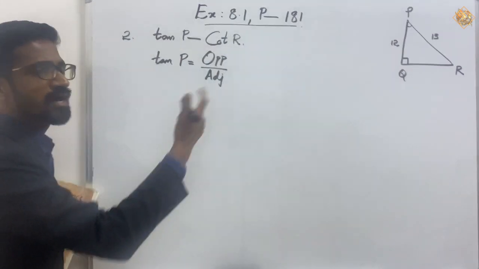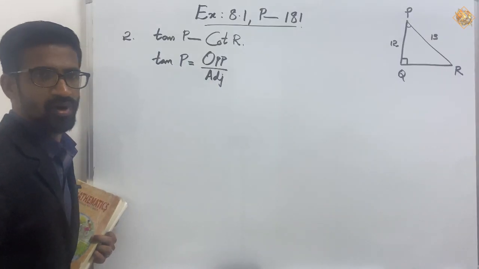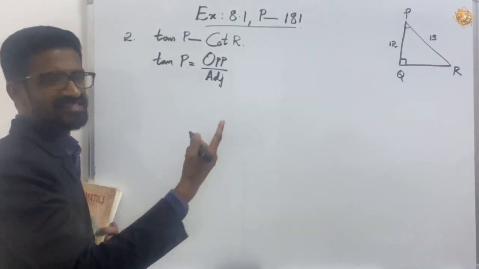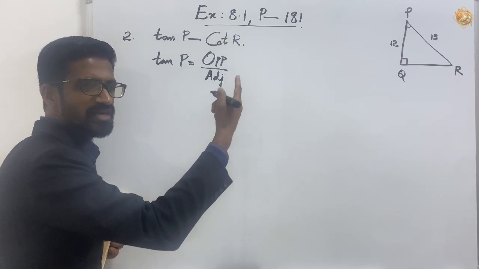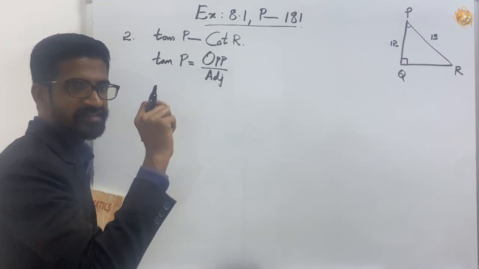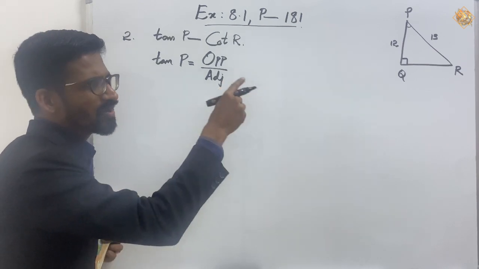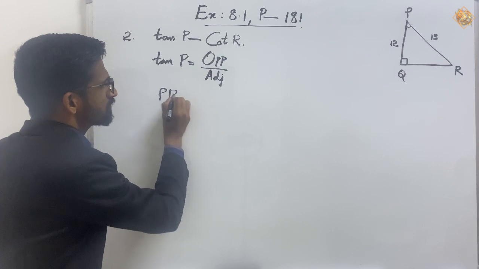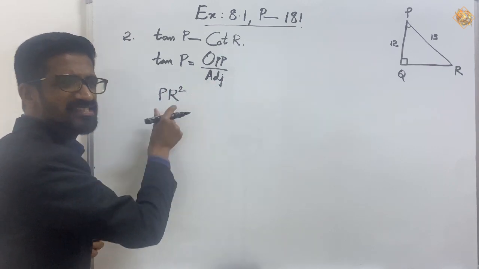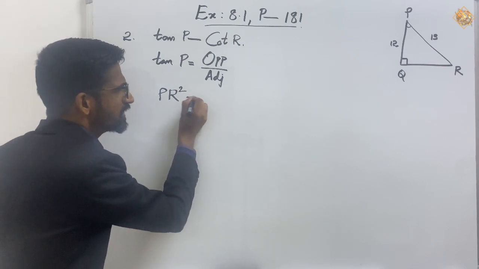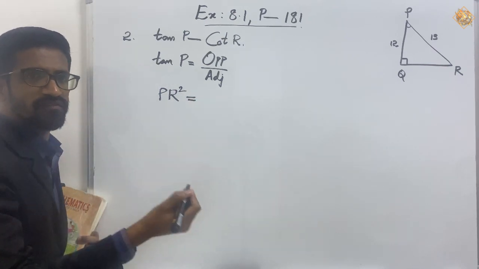For that we will apply the Pythagoras theorem in triangle PQR. It states that the square of the longest side, the square of the hypotenuse, is equal to the sum of the squares of the other two sides.